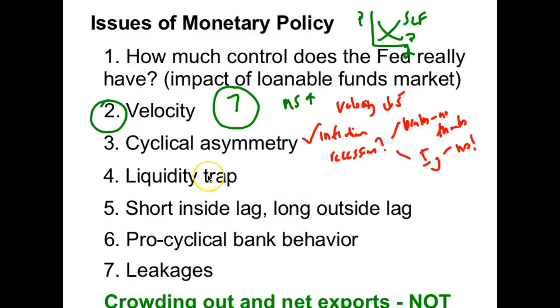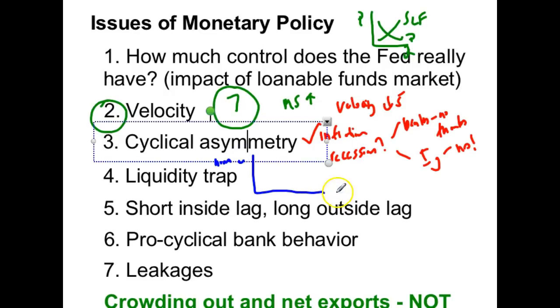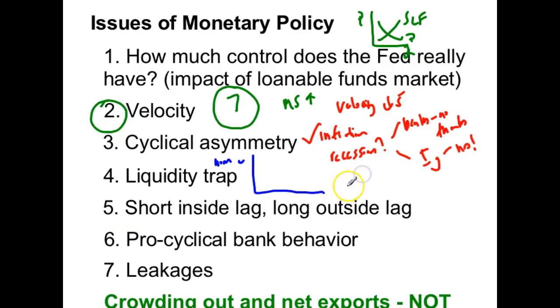A third problem is something called the liquidity trap. And that basically happens when, let's say this is the money market. So we have our nominal interest rates and our quantity of money here. If the money demand curve goes kind of like that, and it flattens out.